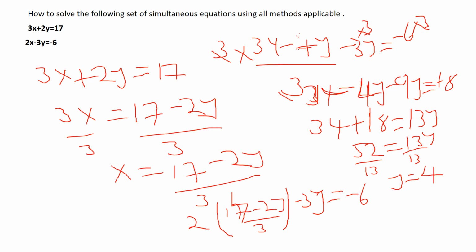So if I have my y being 4, I can come to the first equation where I had x and then substitute the value of y. So in this case, I'll have my x is equals to, remember we had it being 17, then minus 2 multiplied by our y, which is now 4. Then all these we divide by 3.